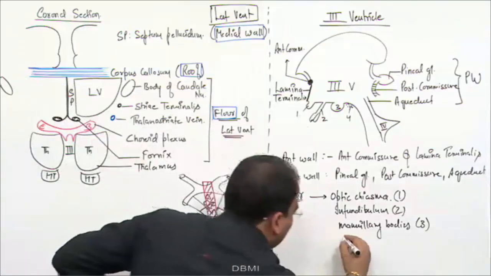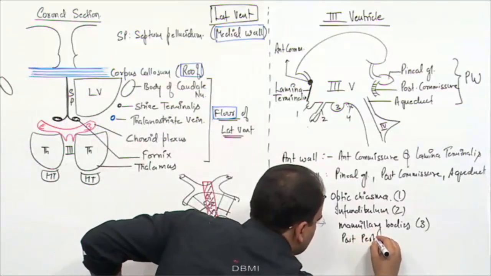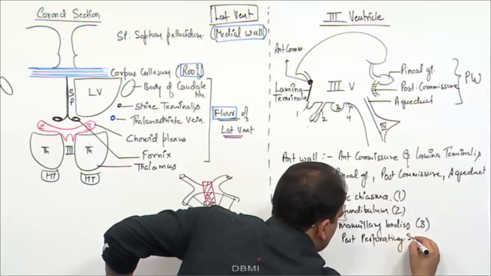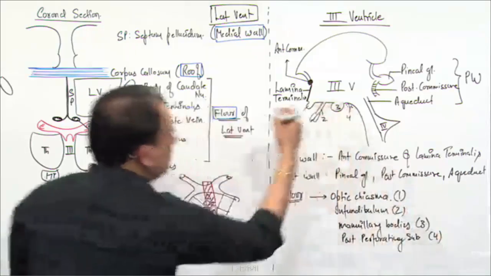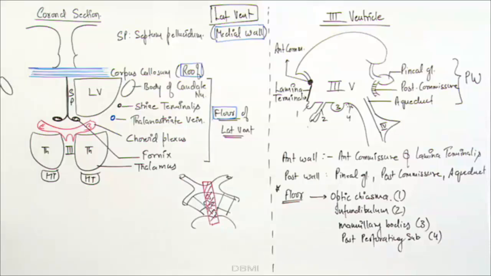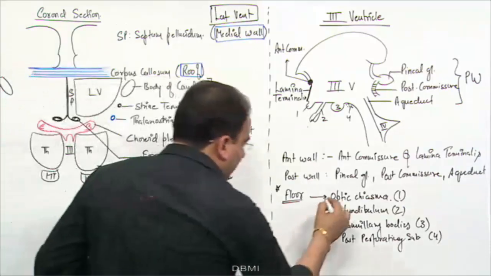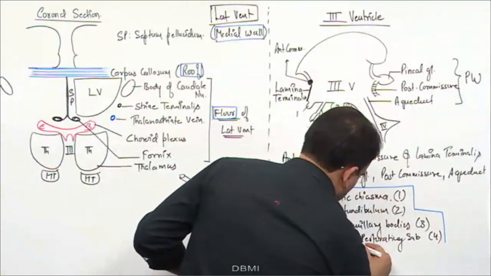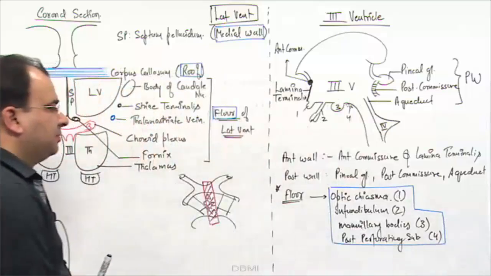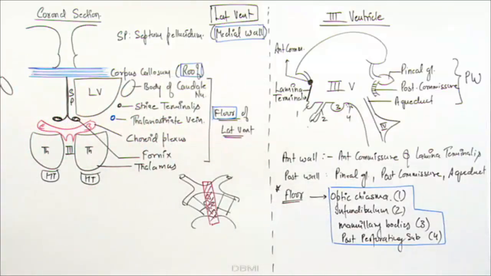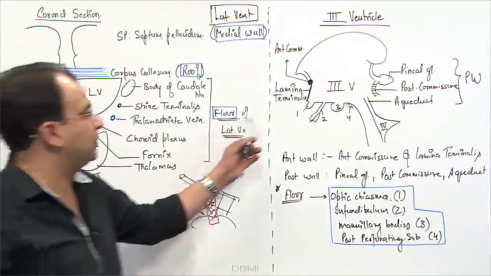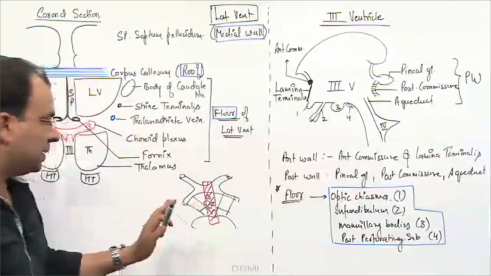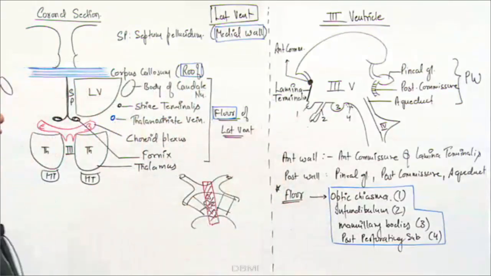That is posterior perforating substance, which is marked as 4. So please note that the floor of the third ventricle is formed by the structures of interpeduncular fossa except the nerve, except third nerve. So optic chiasma, infundibulum, mammillary body, posterior perforating substance, they are all forming the floor of third ventricle except third nerve, which is present in the interpeduncular fossa but not in the floor of third ventricle.